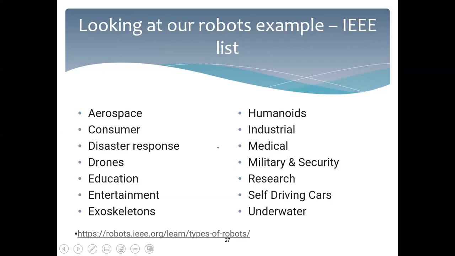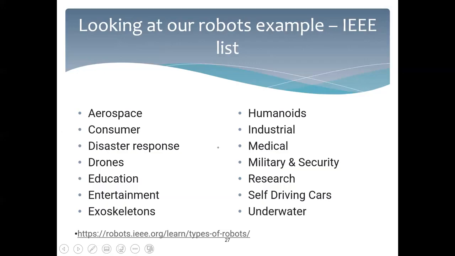Now, to me, this is sort of a mix of terms. So if I were to use this, I've got things like types of robots, like a humanoid is a type of robot. And then I have things like robots used in education. So it's the discipline robots are used in, and then also a little bit of what type of robot they are.